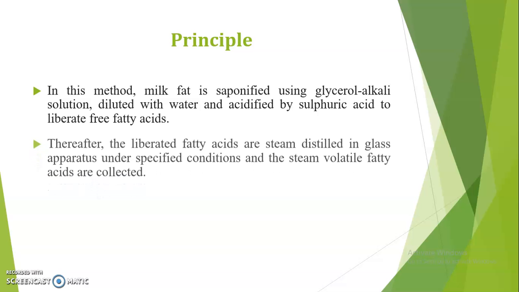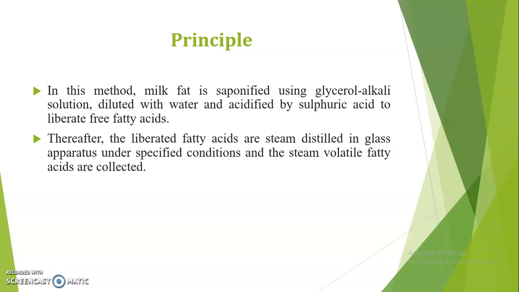fatty acids. Thereafter, these liberated fatty acids are steam distilled in the glass apparatus under specified conditions, and steam volatile fatty acids are collected. As we know, in the definition we already said that the Reichert Meissl value is used to check the volatile fatty acids that are obtained by the steam distillation.